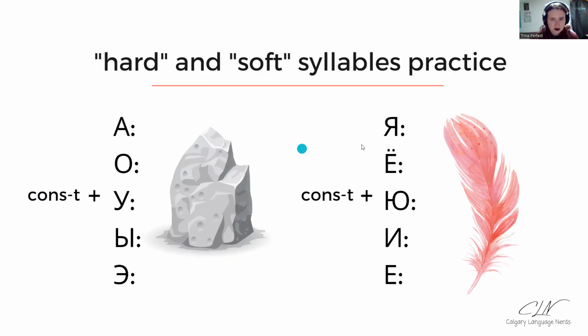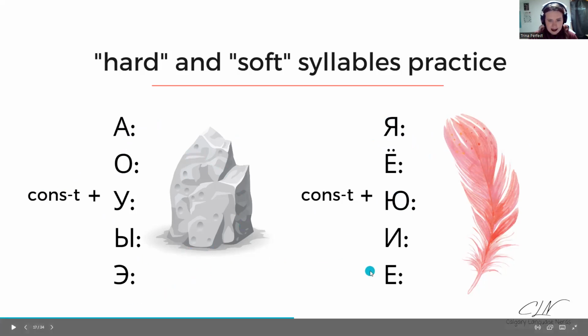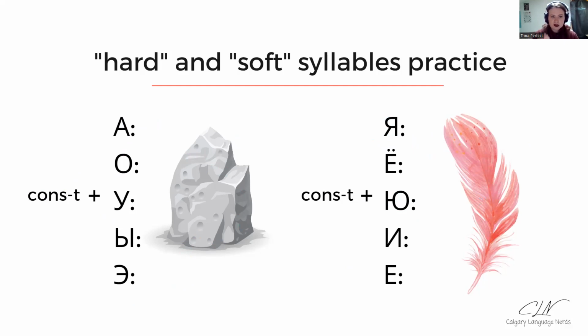A consonant followed by ya, however, is going to be soft. The sound that these two letters make is actually the same, but what changes is the quality of the previous consonant. So we have a, ya, o, yo, u, yu, y, i, e, ye, separately. Let's see how they work within the syllables.